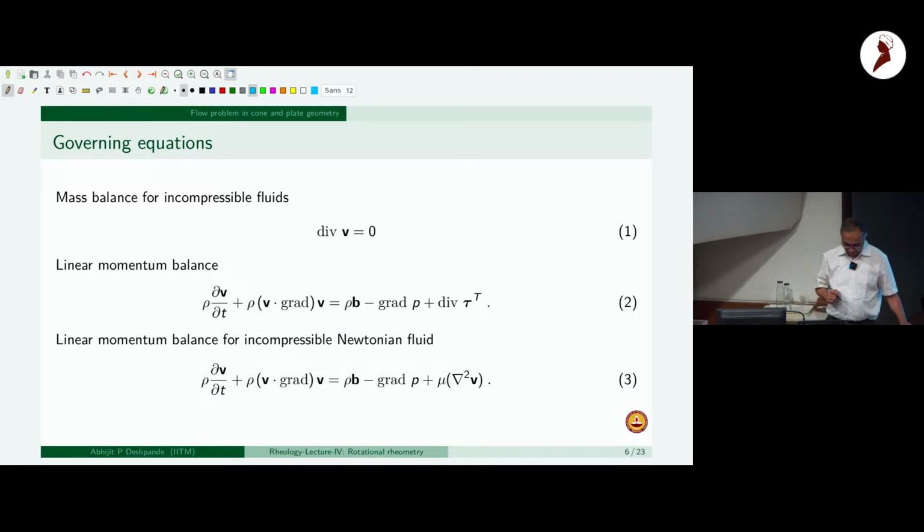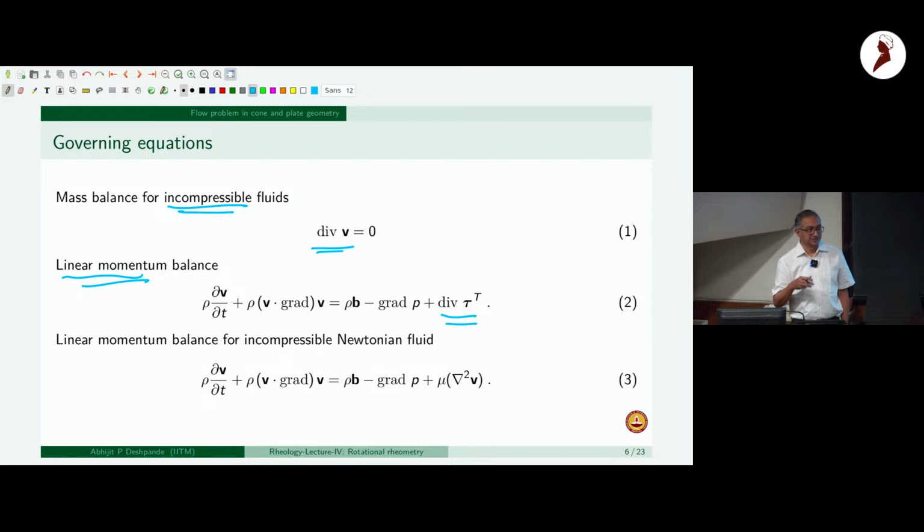And so for any general class of fluids, the governing equation, since it's an incompressible material, you have the divergence of velocity 0, and then the linear momentum balance, which holds even for an unknown stress. Many times what we are measuring, we don't really know the relationship between stress and strain rate. In fact, that is the purpose of doing all these experiments. So in terms of linear momentum balance, this is how the overall governing equation would be.